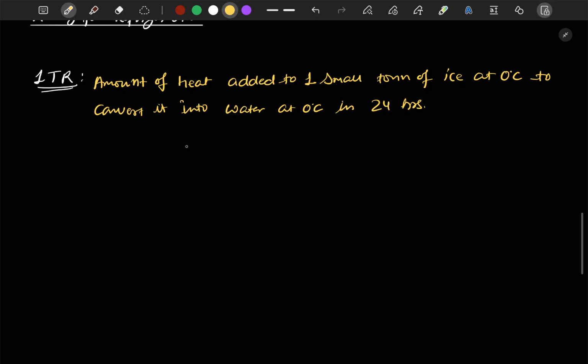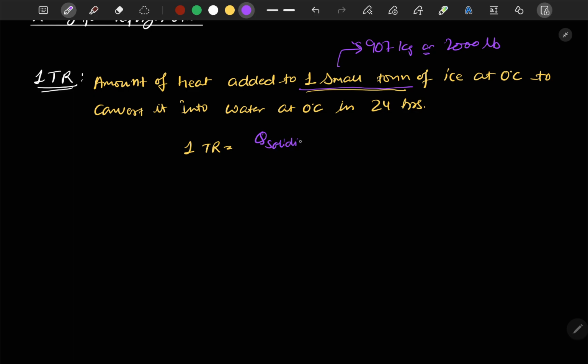So I can write 1 TR is equal to, we know this one small ton is equivalent to 907 kg, or 2000 lb. Now to calculate 1 TR, we have to calculate the total amount of heat to melt ice into water divided by time.